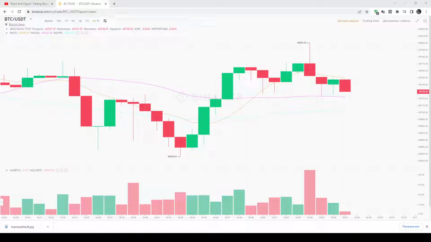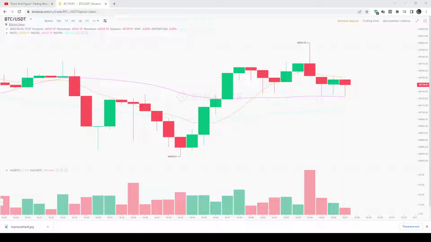A column of X's represents an uptrend, while a column of O's represents a downtrend. In each particular column there can be only X's or O's. When the trend ends, a new column starts. So X columns represent rising prices, while columns consisting of O's denote falling prices.